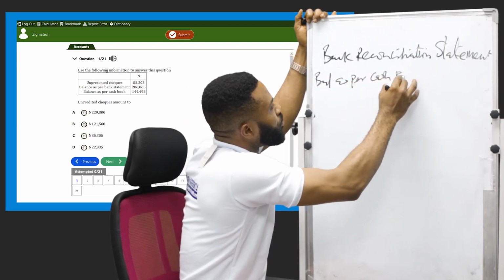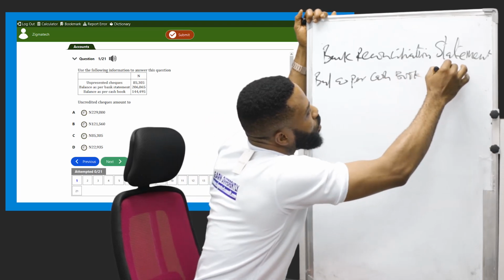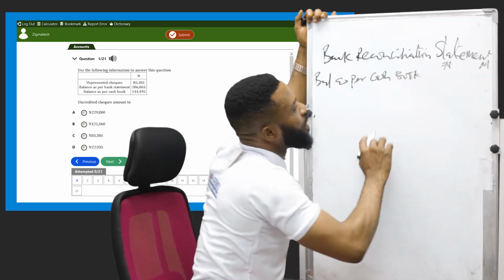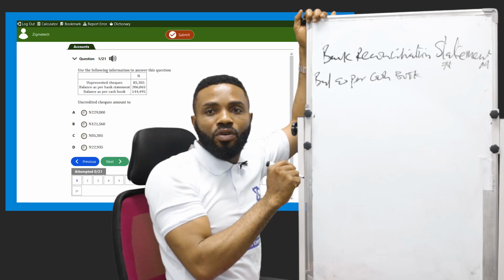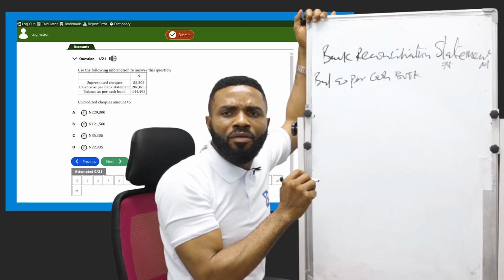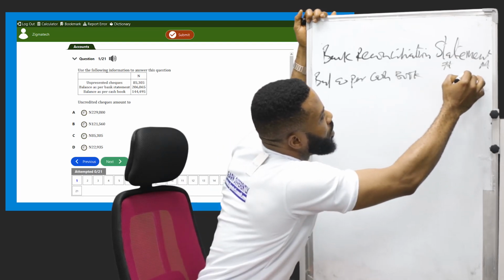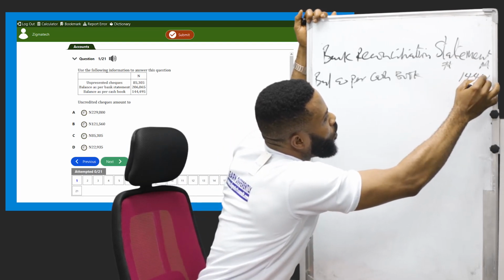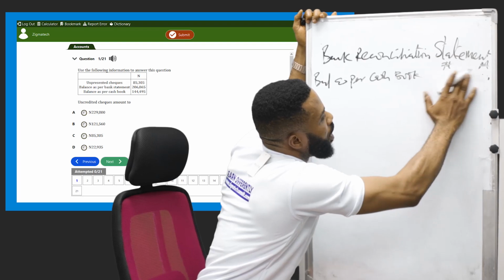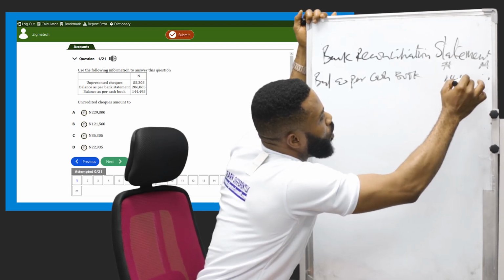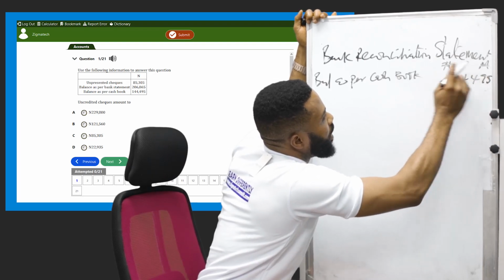Cash book. Let's not forget our naira sign. This balance as per cash book is how much there? We have 144,495.